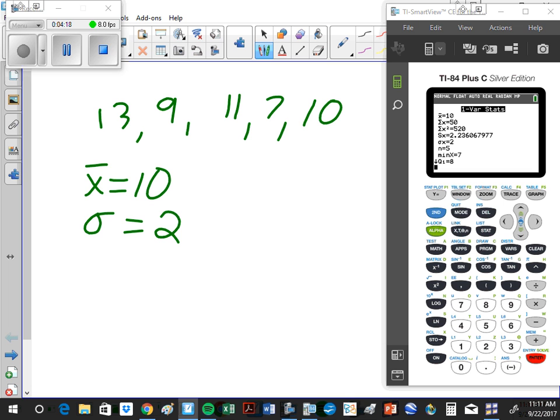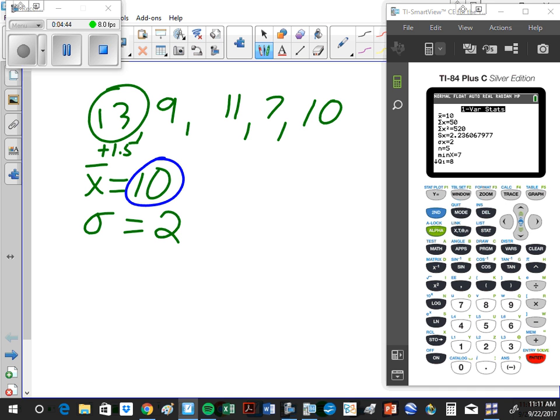Okay. So if I standardized 13, I would get plus 1.5. So my average is 10. So 13 is how much bigger than 10? 3.